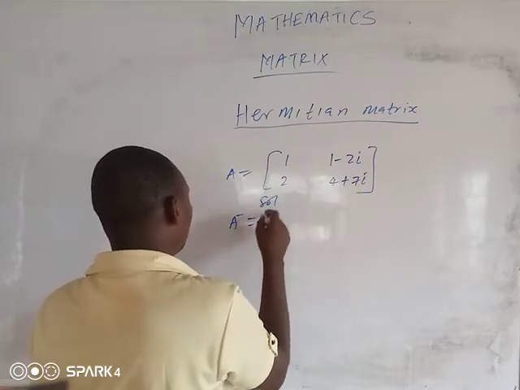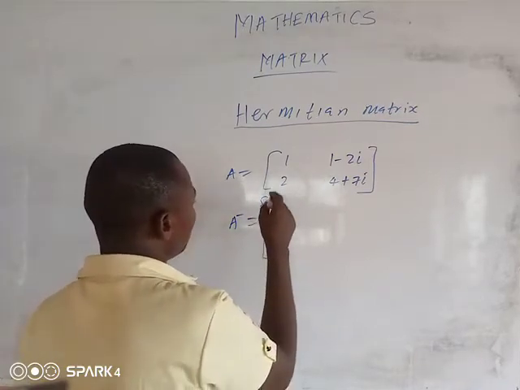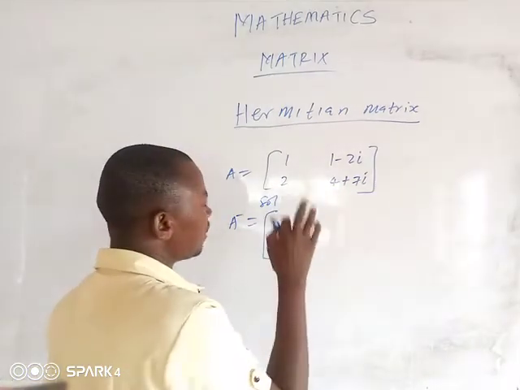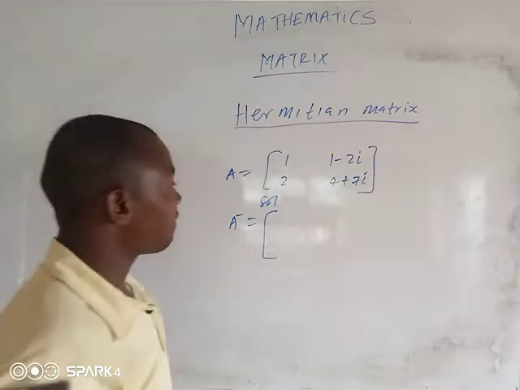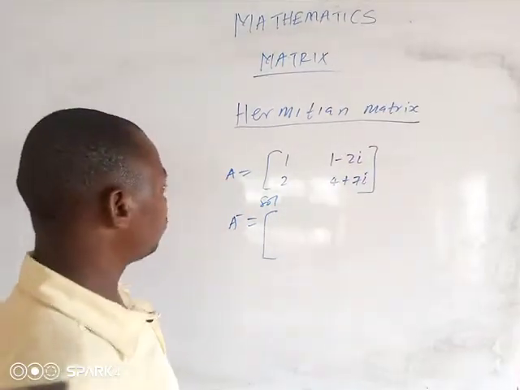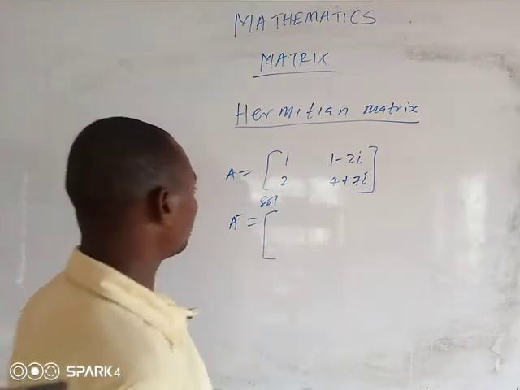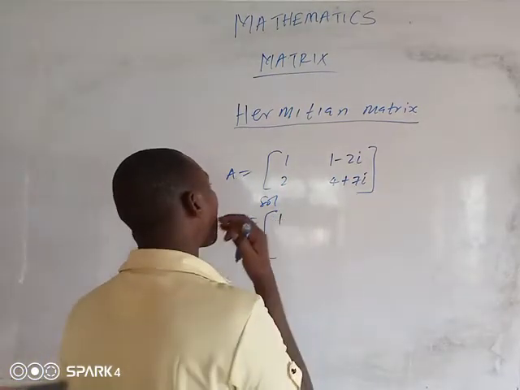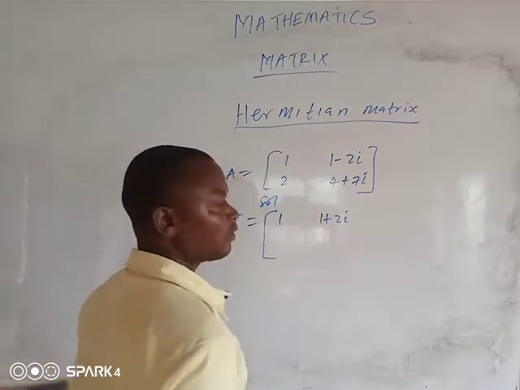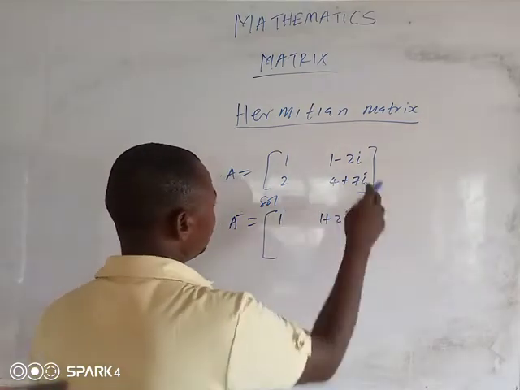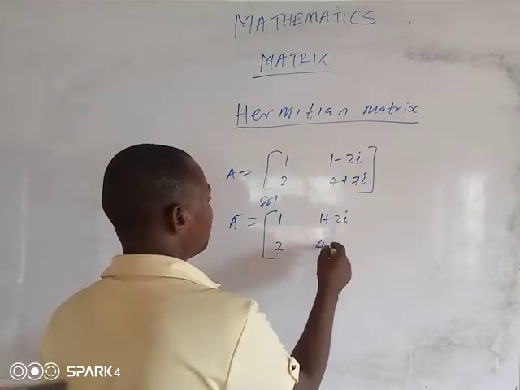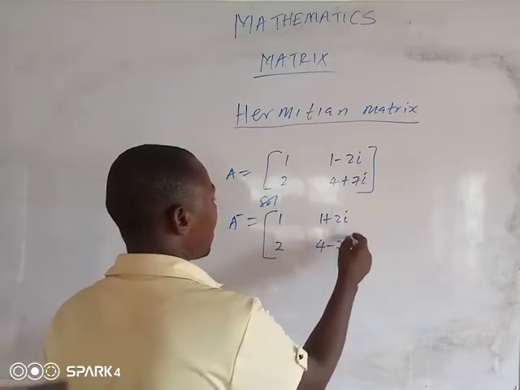Solution: A bar. I'm going to use minus to multiply only the place where there is a complex number, which is about i. We don't need to multiply the 1. So this is 1 plus 2i. I've already multiplied the first row. So this is 2, and 4 minus 7i.